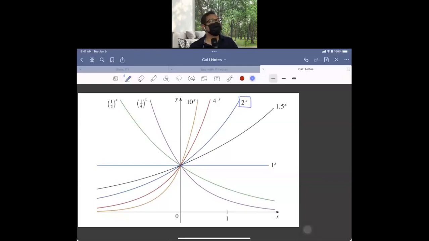Okay, if we change the base, for example make it 4, we will see that it's going to be here. What that means is it's getting steeper, steeper, and steeper, faster than the 2, right?